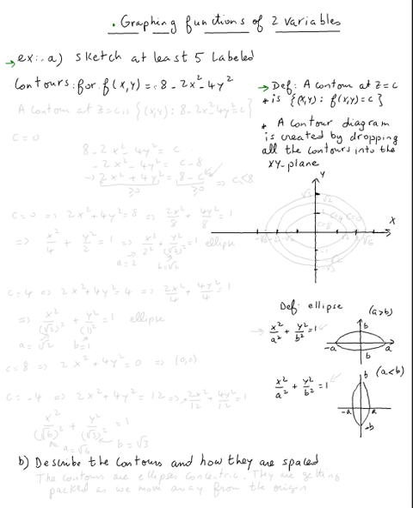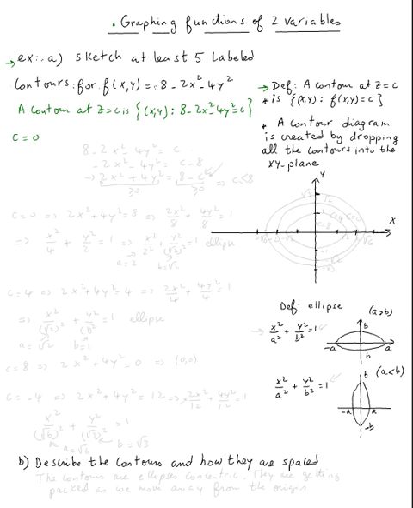So for our example, a contour at z equals c is the set of all x, y's such that 8 minus 2x squared minus 4y squared is equal to some constant c. So let's sketch some contours. Let's pick some values for c. Let's start with c equals 0.